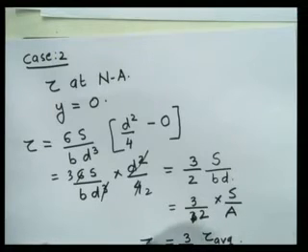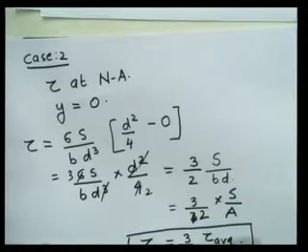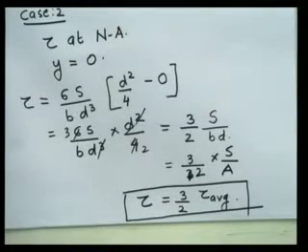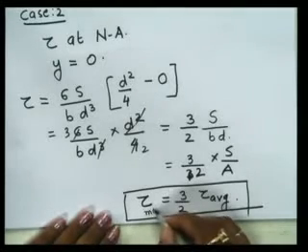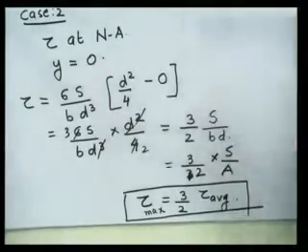So at neutral axis, we get the value of tau as 3 by 2 tau average, and that value we obtain as maximum. So we can say tau max is equal to 3 by 2 tau average.